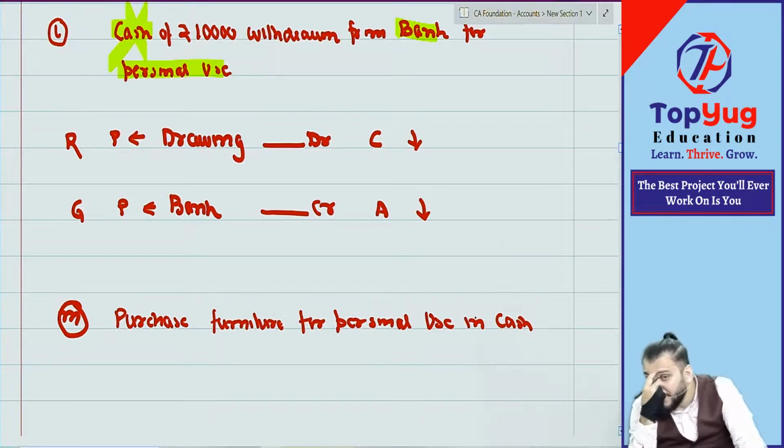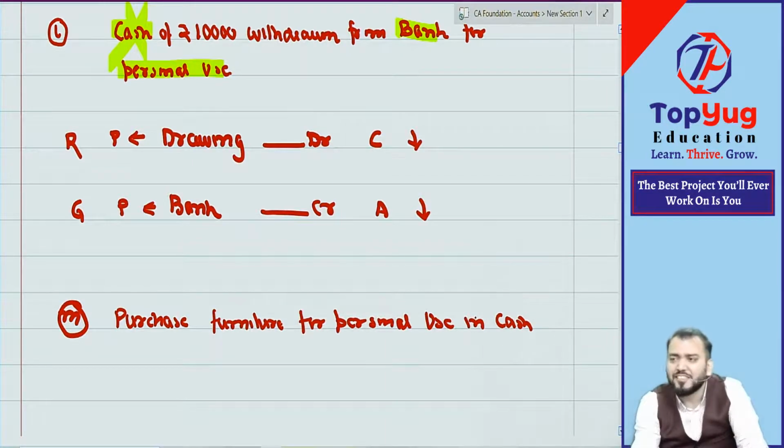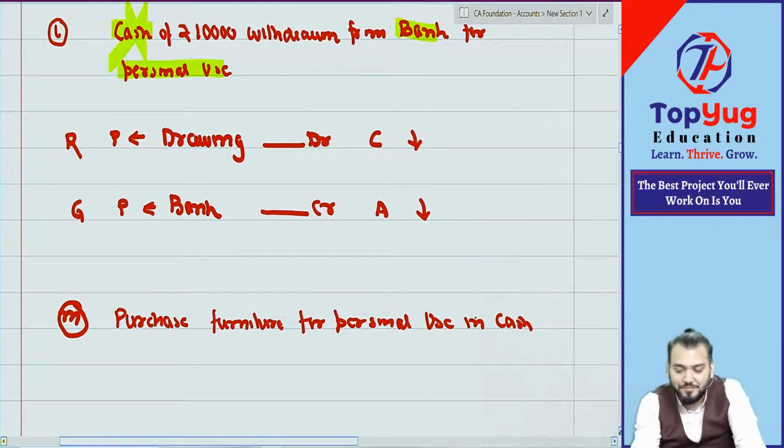Means we purchase furniture for personal use in cash. If the question is silent, of course this is business cash only, because I am giving you a transaction of business. So this cash means business cash. But they purchase furniture for which purpose? Personal use. Do by your own.